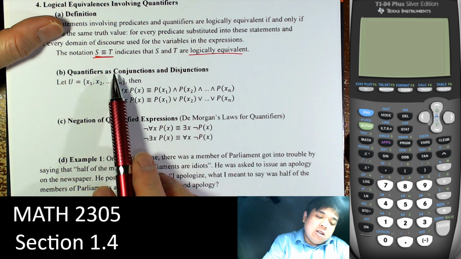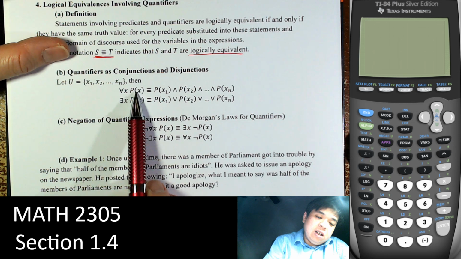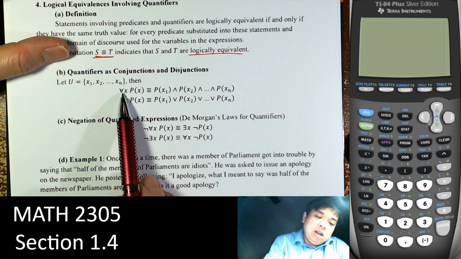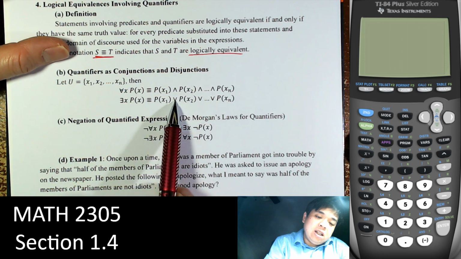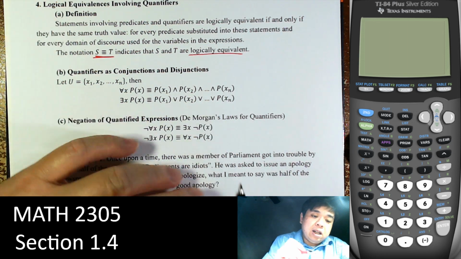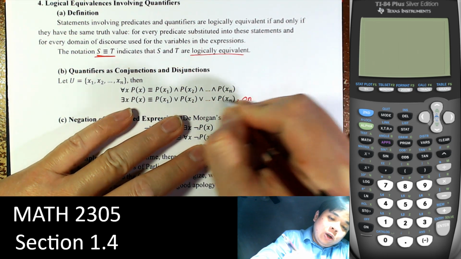Now quantifiers as conjunction and disjunction. If we write for every x P of x, it's going to be an AND, and if there exists, it's going to be an OR. Meaning that when there exists, we only need one of these to be true.